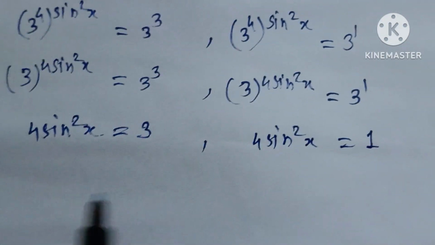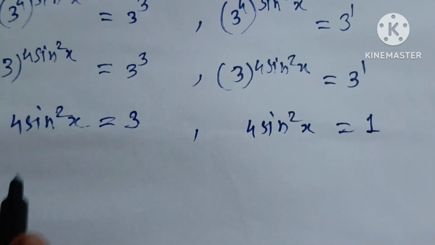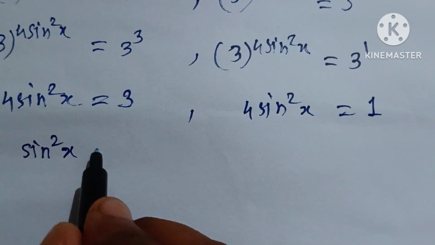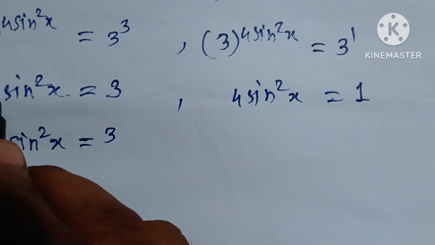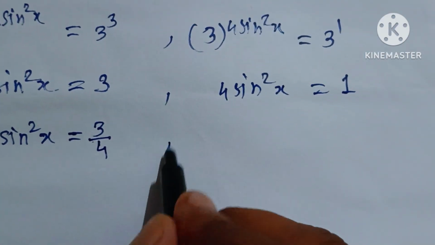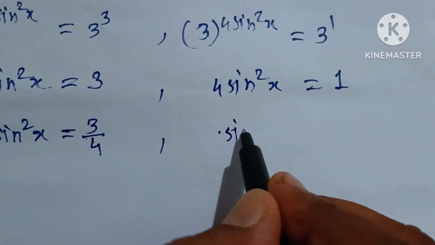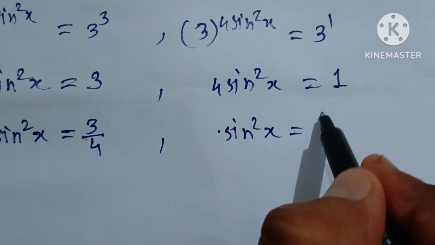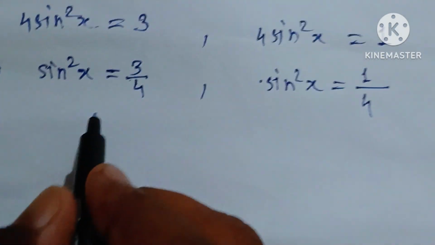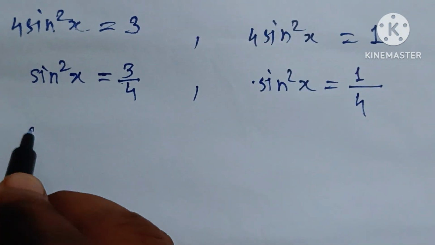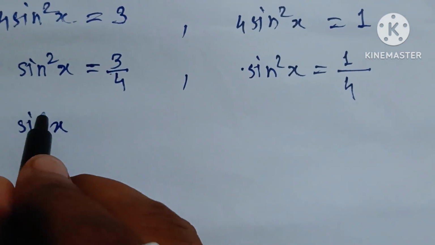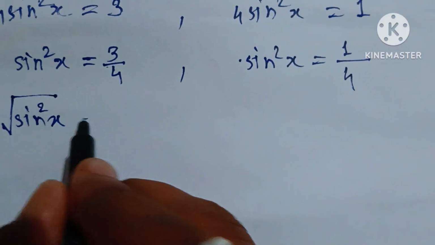So we can write sin²x equals 3 by 4, since 4 is in multiplication and after changing sides it goes in division, and sin²x equals 1 upon 4. Now to remove the square on sin x, we take the square root on both sides.